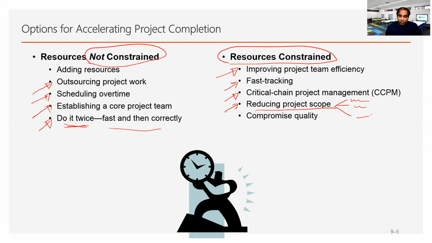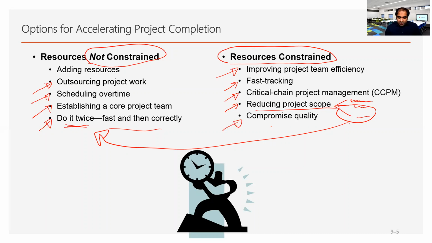If we reduce the scope, we may consider releasing it with limited options, and then later on, if we have the resources and time, we can either add them, or we can follow that approach of do it twice. That means an upgraded version will be released soon.